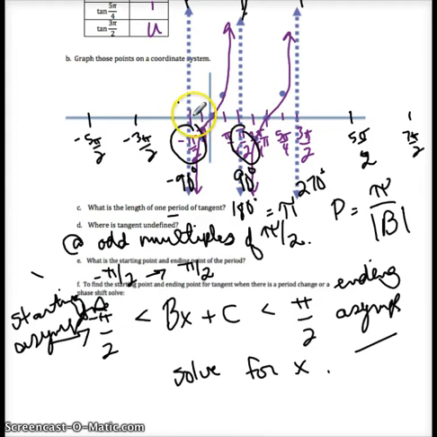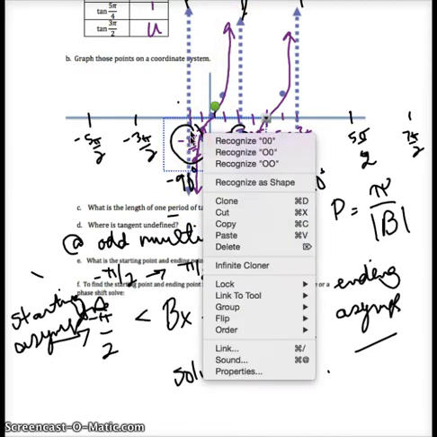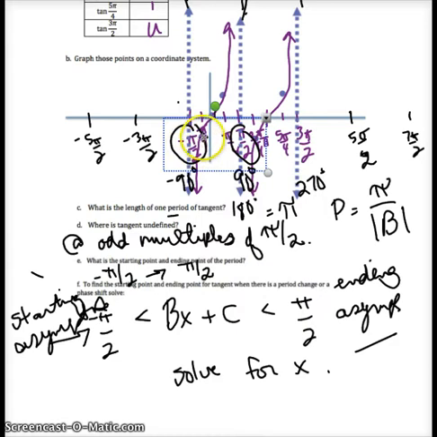Notice that we still have the period divided into 1, 2, 3, 4 equal parts, just like we did with sine and cosine. So we divide into 4 equal parts, and then because tangent rises to the right, our first point will be at the negative value for A, our second point at 0, 0, and our third point at the positive value for A.